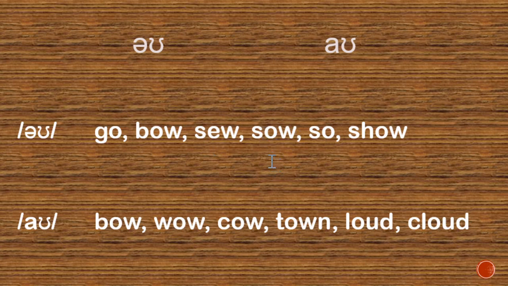Sow is the name of a female pig, also the act of putting seeds on the field. And bow has 2 pronunciations. It is a weapon that you use to send arrows. It is a bow. So go, bow, sew, and show. So these 3 are homophones. They have the same pronunciation.